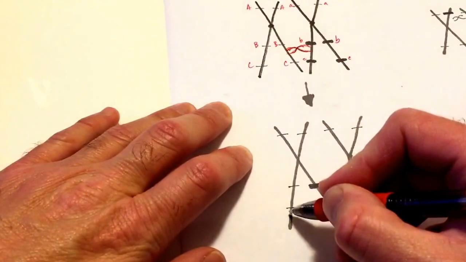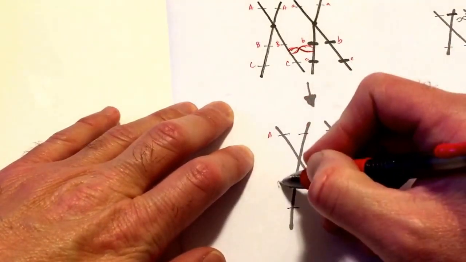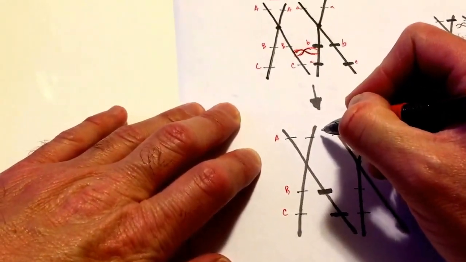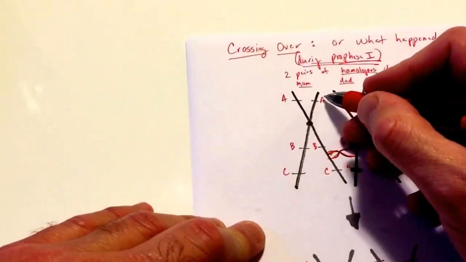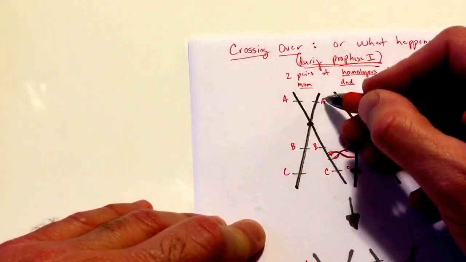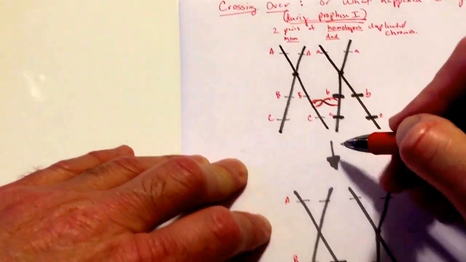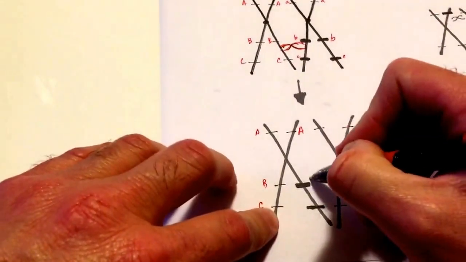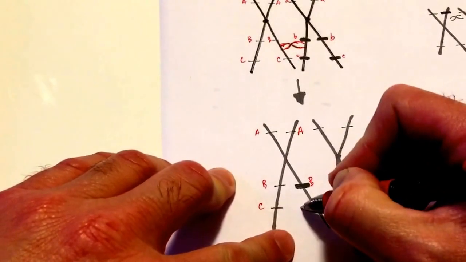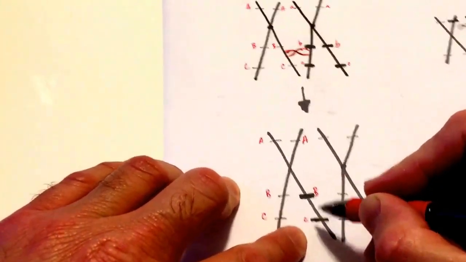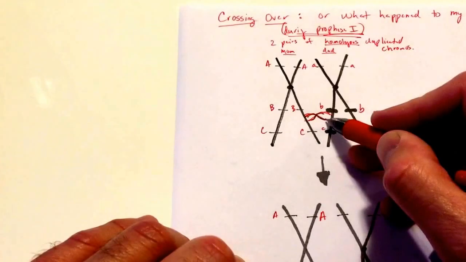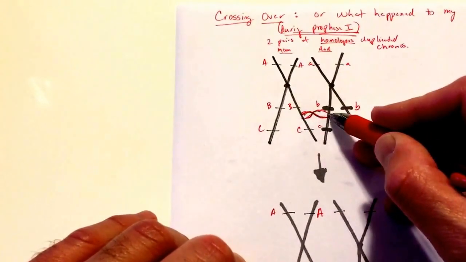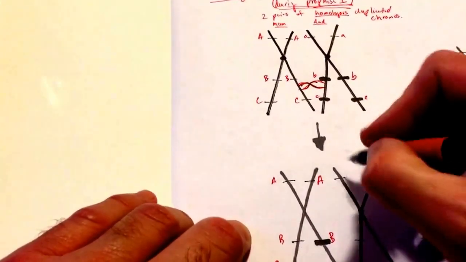Well, the chromatid on the left here from mom would still have capital A, capital B, and capital C. The chromatid on the right, which used to be genetically identical to this chromatid, used to be capital A, capital B, capital C, but now contains the capital A locus, capital B locus, and lowercase c locus, because this arm was swapped out. This arm of this chromosome from mom was exchanged with this arm of this chromosome from dad.